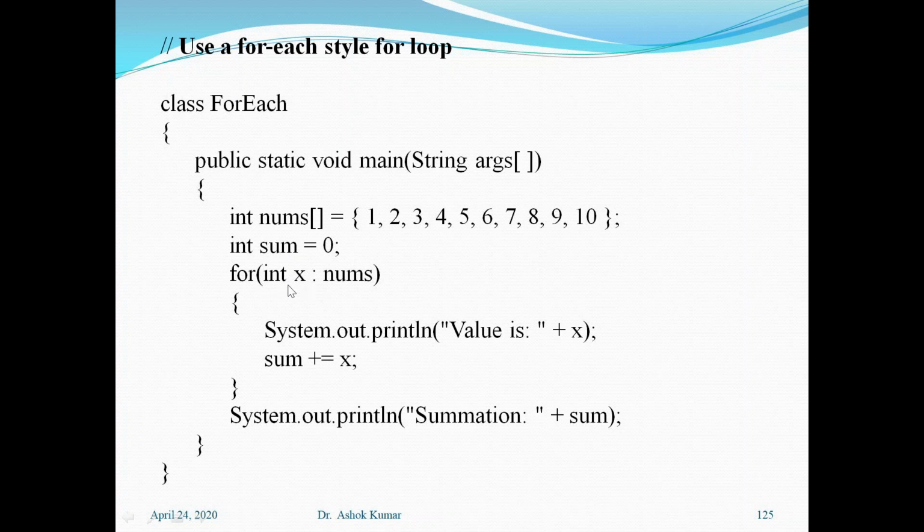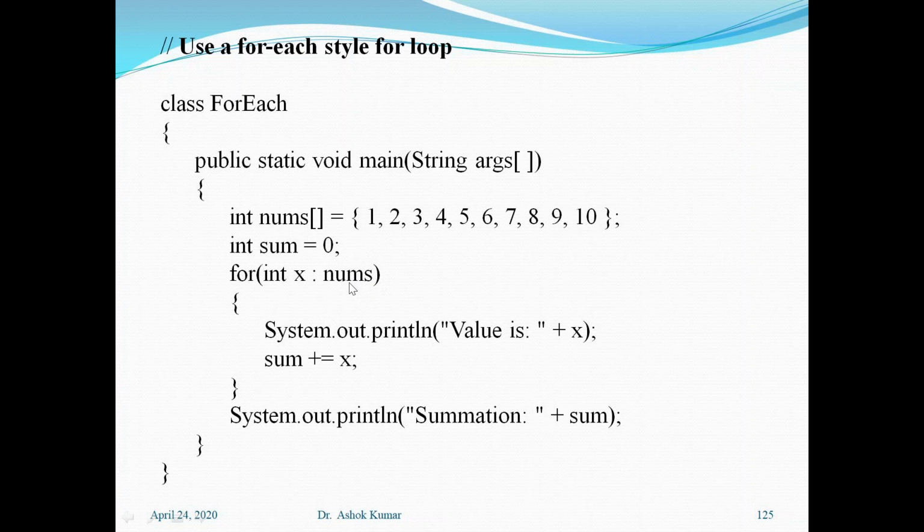See here, as we discussed the syntax in the previous slide, first you write for, then within the parentheses a data type. The type is int, x is the iteration variable, and then a colon, after that a collection. Here the collection is an array of type integer.